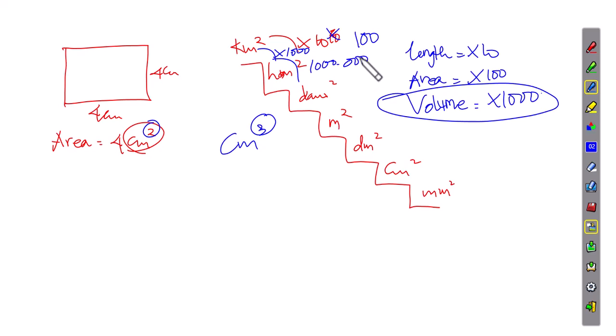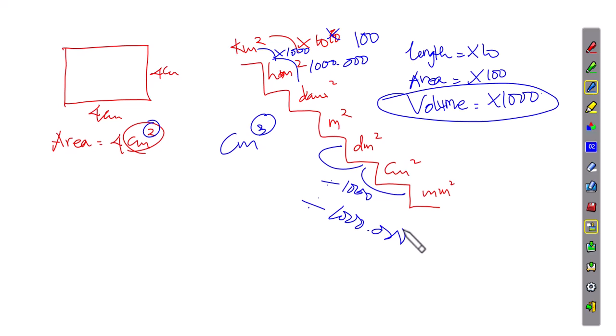And when they go up one stair, you divide by 1000. And when you go up two stairs, you divide by 1 million. So the concept is just the same. What you need to know is which units are used in the word problem.